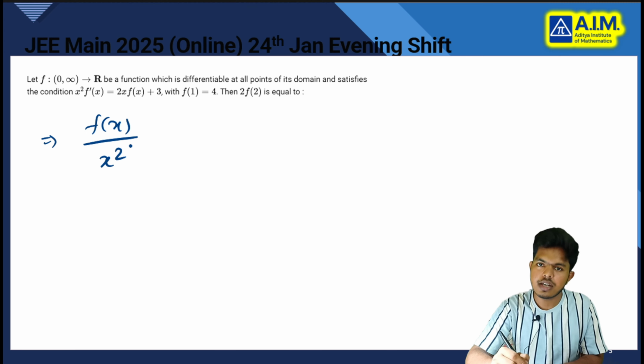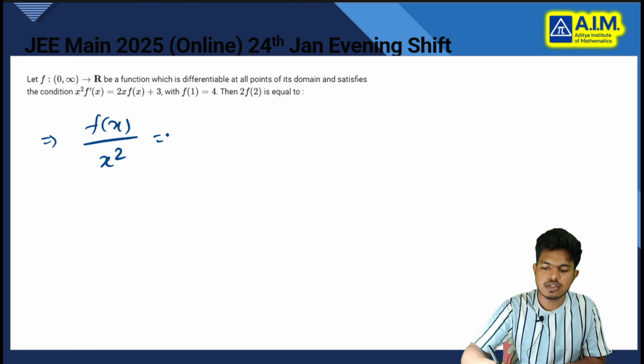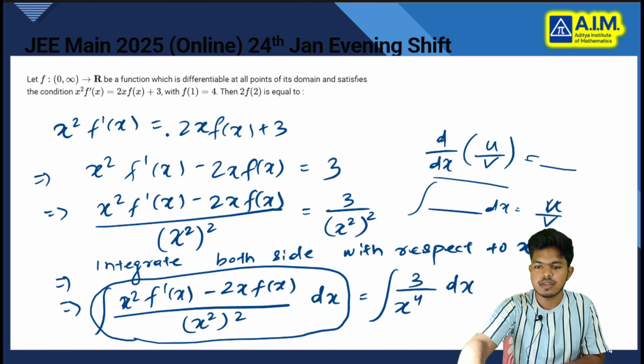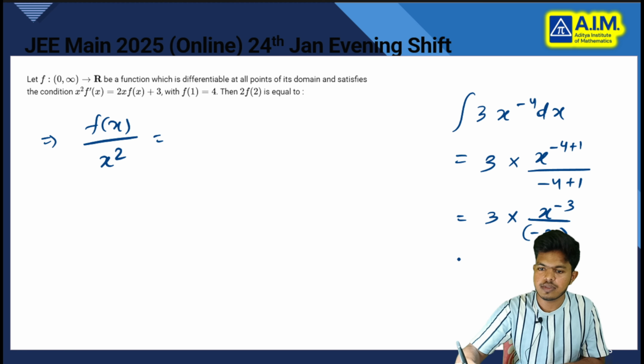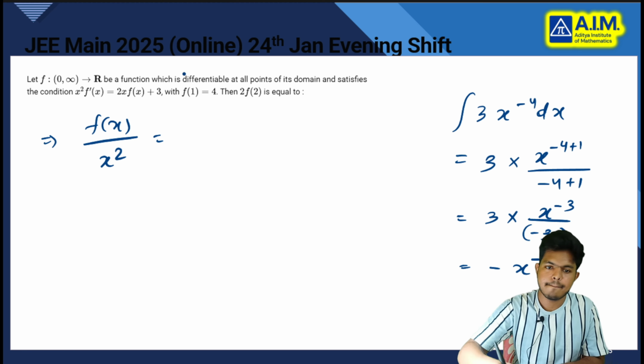Let me show you. On the right side we have 3 by x power 4, which we can write as 3 into x power minus 4, and the integration of this will be 3 outside into x power minus 4 plus 1 divided by minus 4 plus 1, which is 3 into x power minus 3 divided by minus 3, which will be minus x power minus 3. So I can write here minus x power minus 3 plus c.